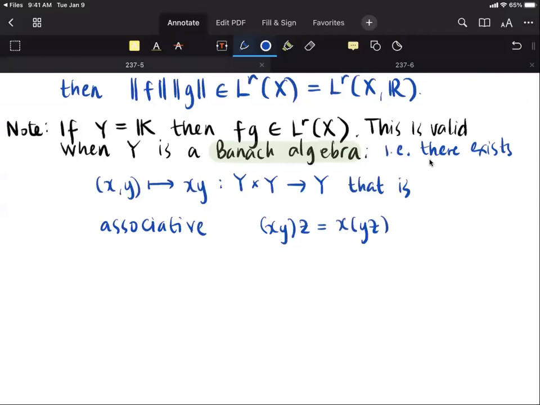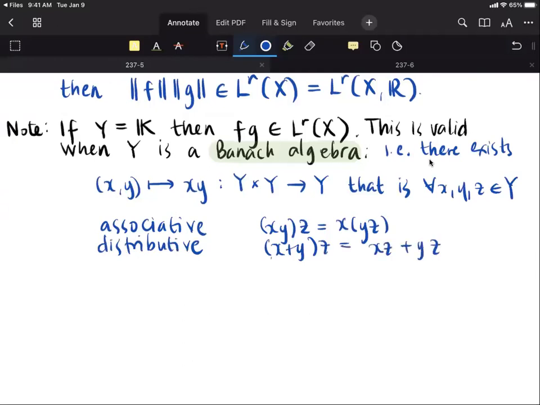For any, of course, let us put down here x, y, z, distributive. So (x plus y) times z is equal to xz plus yz, and let's say x times the quantity y plus z is equal to xy plus xz.